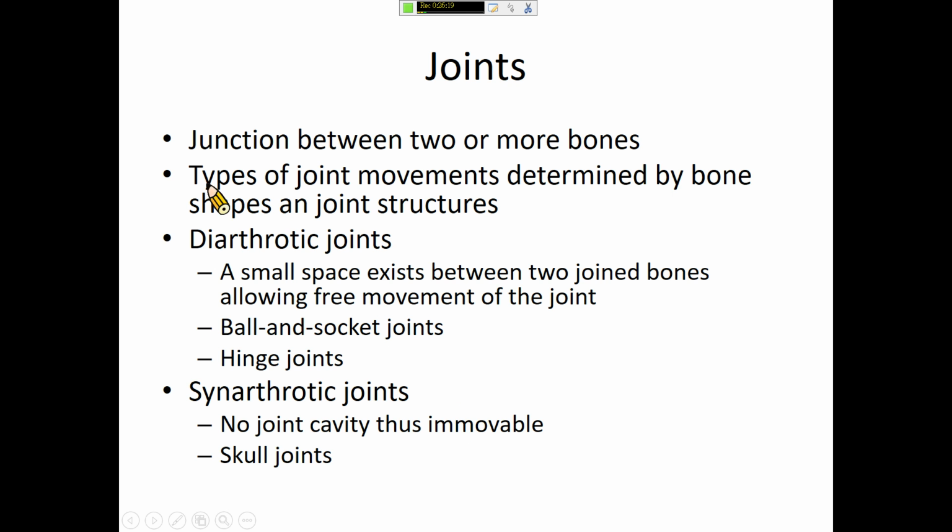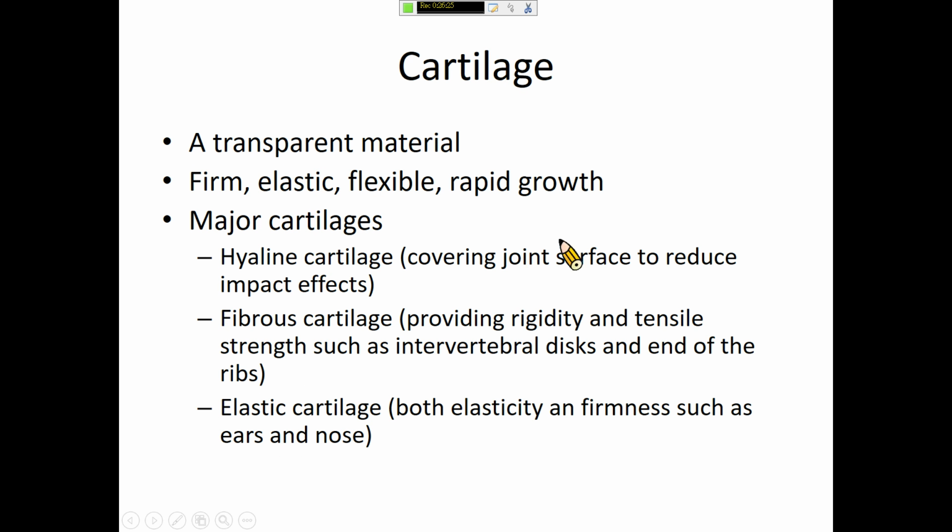Okay, the joint. Okay, another thing is the rib, this part is cartilage. The white part is the bone, and this part is the cartilage.